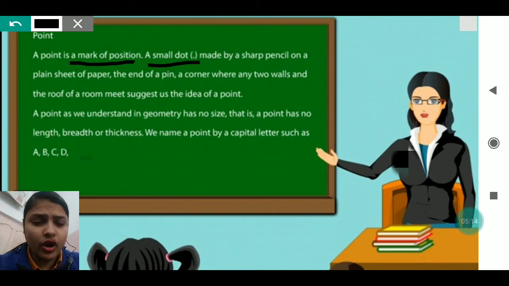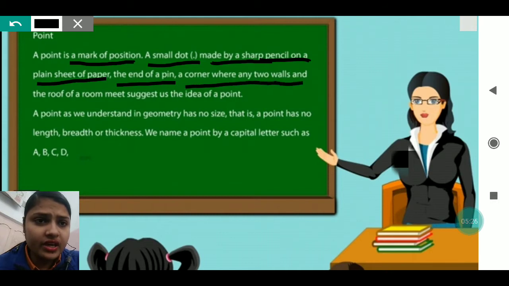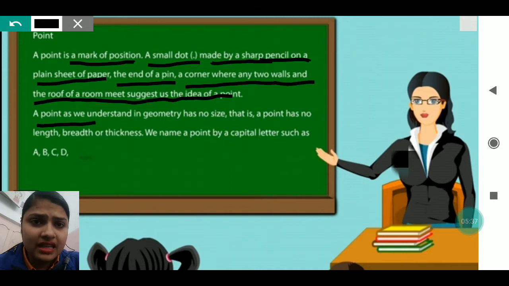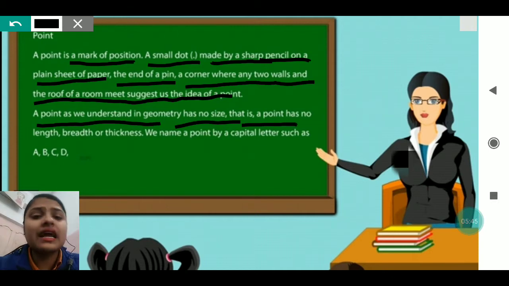A small dot made by a sharp pencil on a plain sheet of paper, the end of a pin, a corner where any two walls and the roof of a room meet, suggests the idea of a point. A point, as we understand in geometry, has no size, that is, it does not have any size, no length, no breadth or thickness.